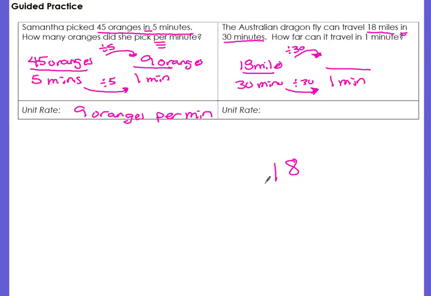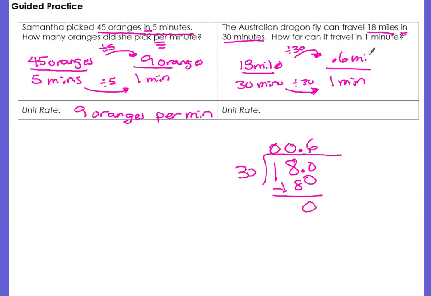So the 18 goes inside the house, the 30 goes outside. I know 30 will not go into 1 or 8, so I'm going to have to add a decimal and a 0. And we have 180. 30 will go in there 6 times, and I have a 0 remainder. So this would be 6/10 miles.